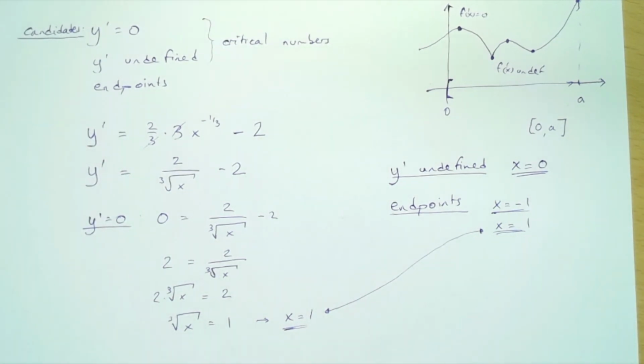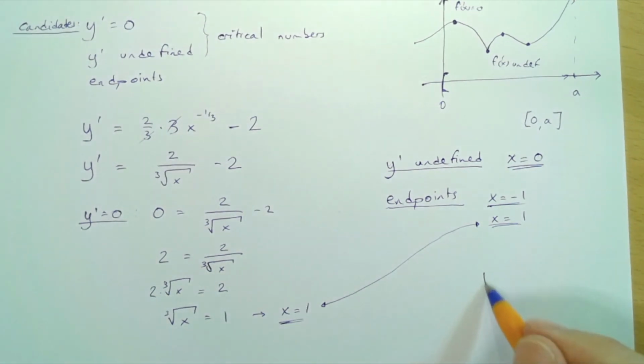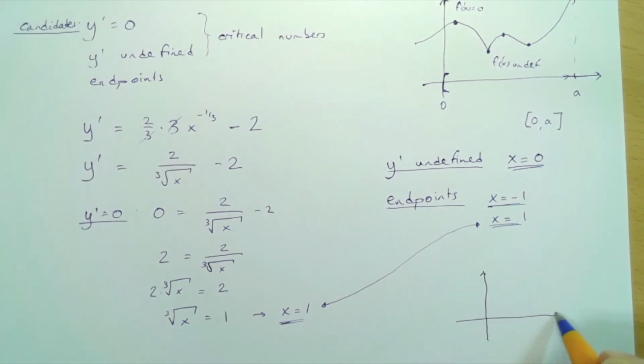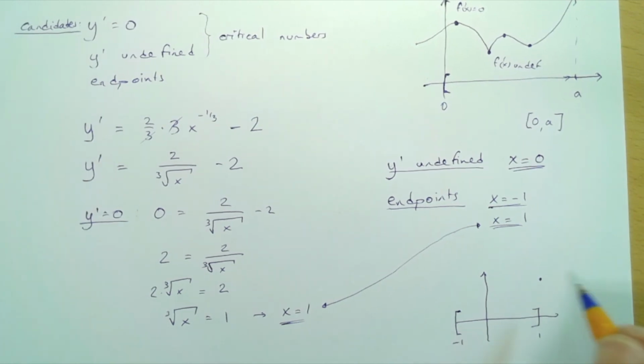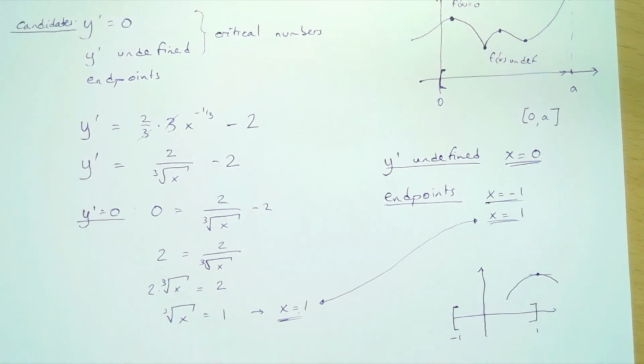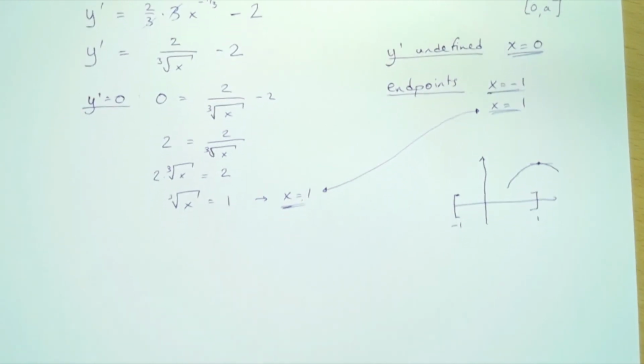X equals 1 qualifies twice. If we want to make a sketch of this function, even though I know nothing of it, it appears that not only is 1 the endpoint, but it's also a horizontal tangent. Maybe the graph looks like that. So it qualifies twice. We will only look at its value once, of course.